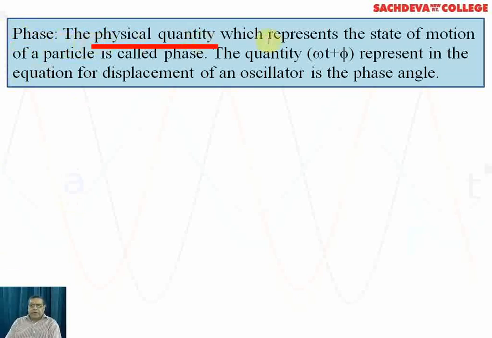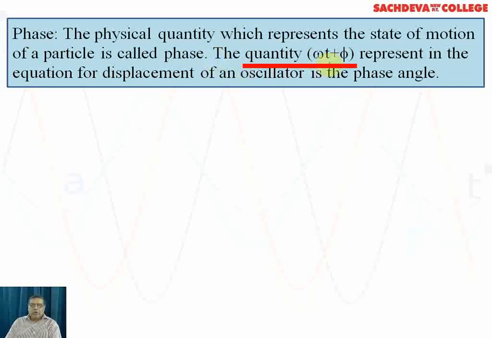The physical quantity which represents the state of motion of a particle is called phase. Or very simply, phase is the position and direction of a particle at an instant of time.